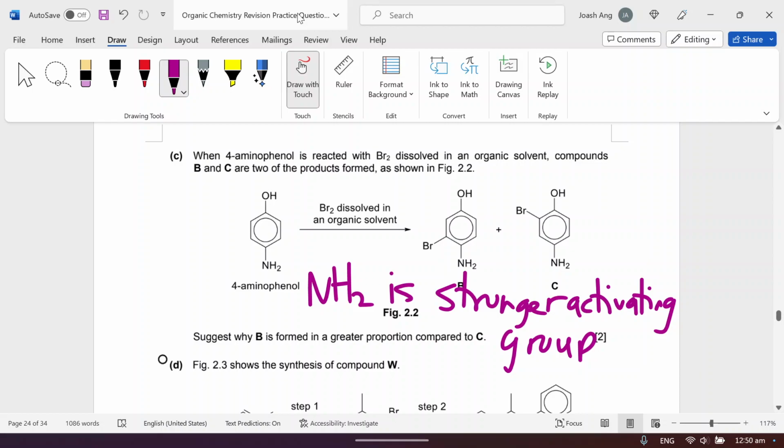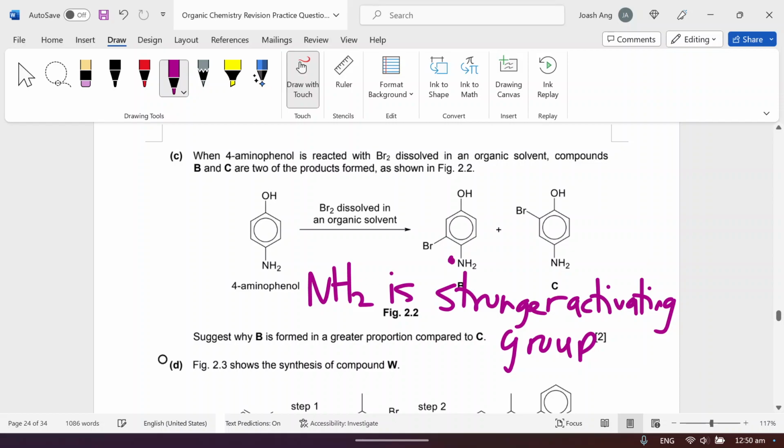So that is why we can also think about it as nitrogen and carbon having similarly sized orbitals. And thus the extent of delocalization of the lone pair of electrons on nitrogen is much greater compared to oxygen.